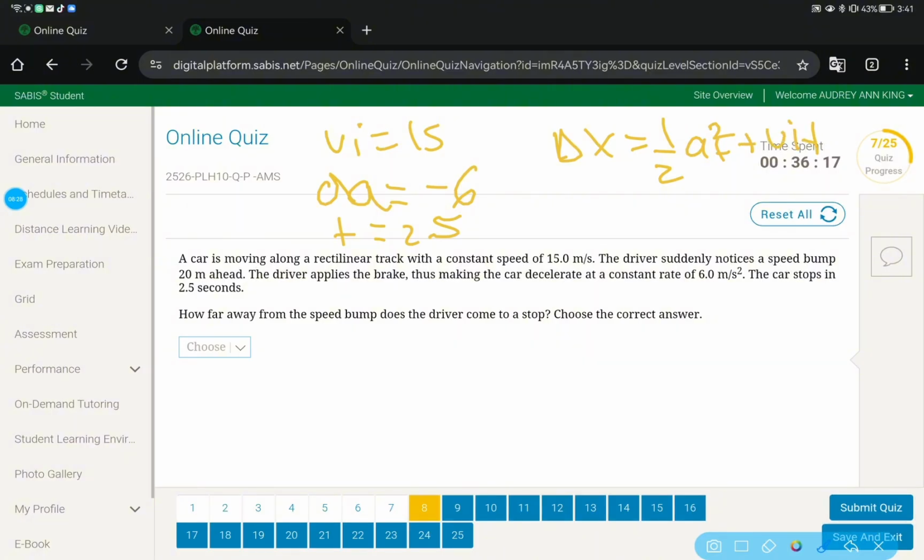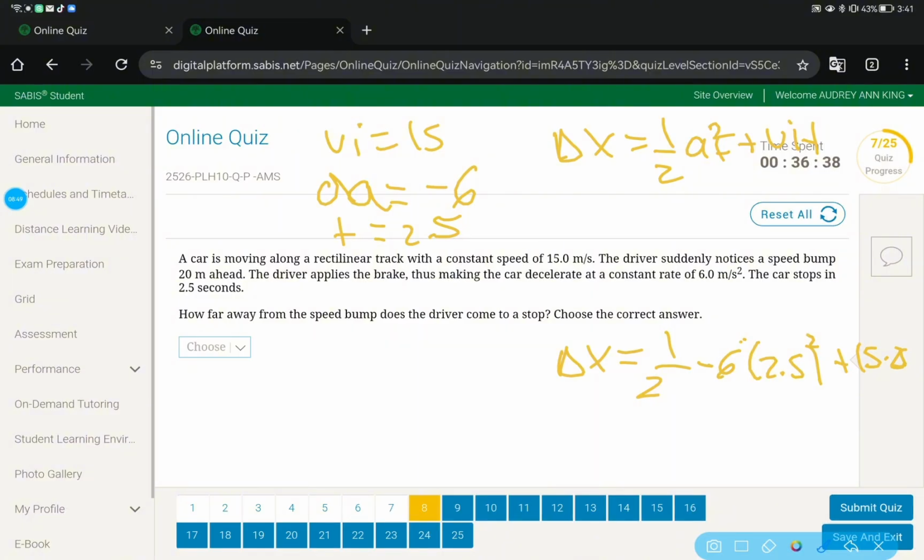So we're going to substitute. So you get delta x equals half of -6 times time squared, so 2.5 squared plus 10 times 2.5.